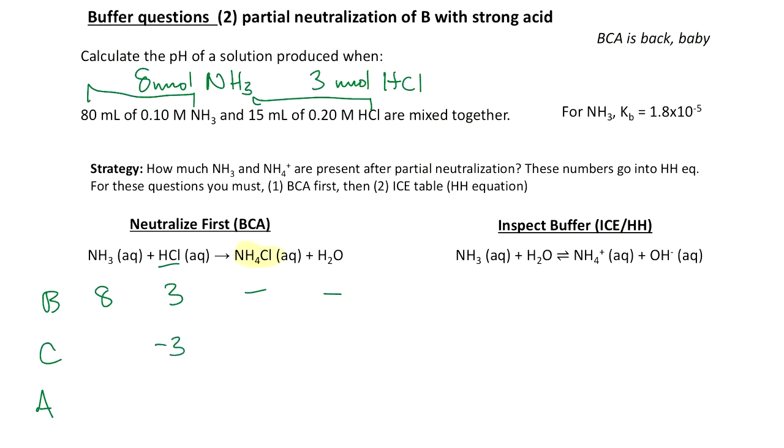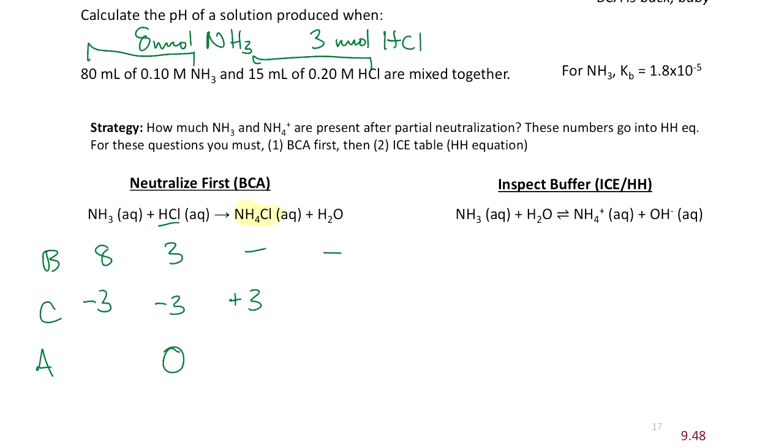So I consume all of that, so then I have no more HCl left. I have to consume 3 millimoles of ammonia, but then I gain 3 millimoles of that ammonium. And so we see after this neutralization reaction, we have 5 millimoles of ammonia and 3 millimoles of ammonium, and then water.